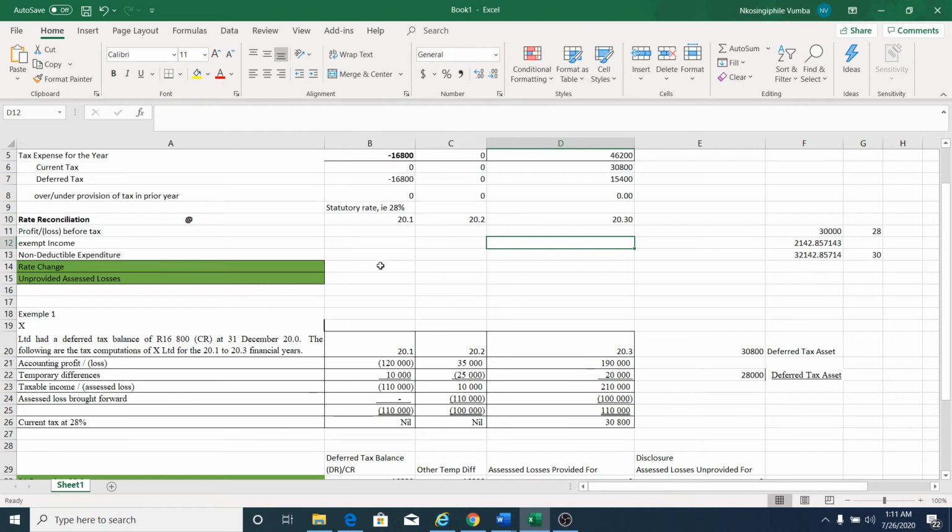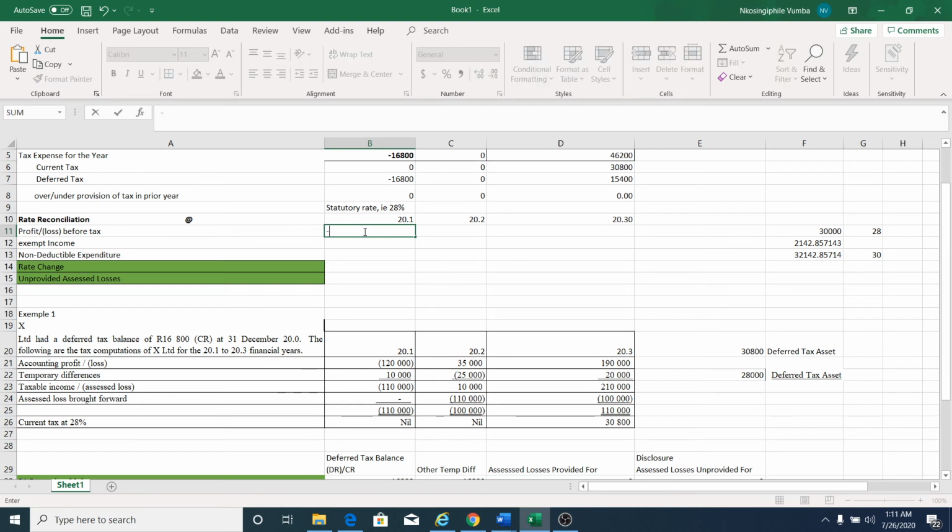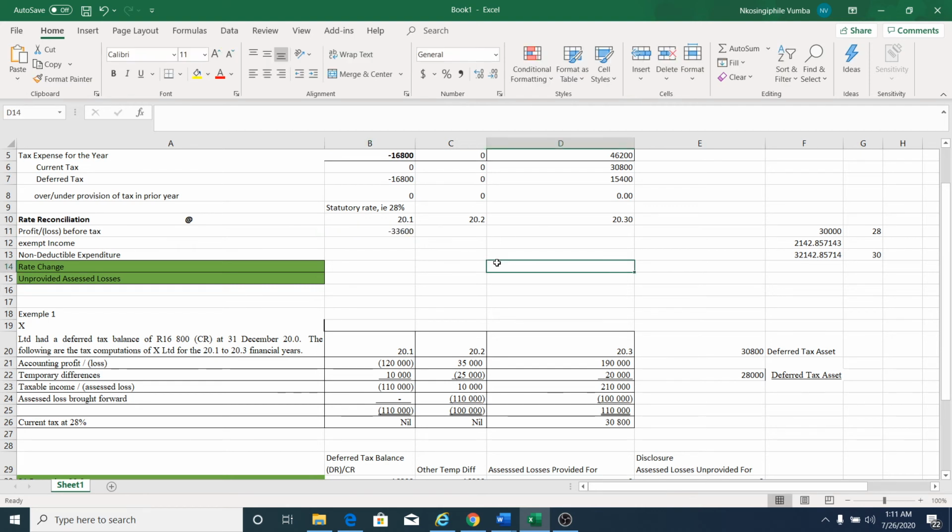Now let's go to profit before tax. We said that 120,000 multiplied by 28% should give you 33,600. Because this is a loss, it gives us a tax income of 33,600. Remember it was negative, so it should be positive.